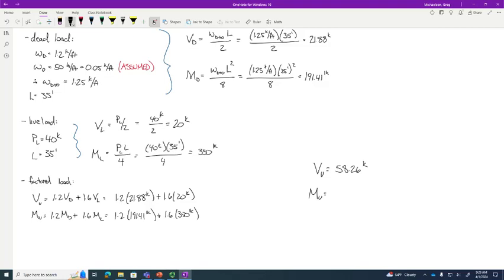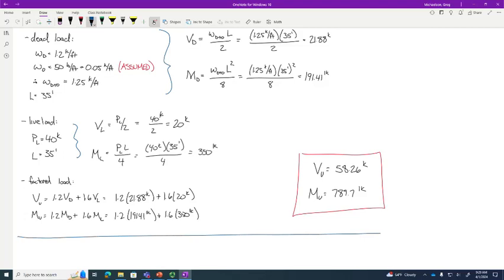And then MU is what? 789.7. Okay. All right. And I'll tell you, that's actually kind of the longest step in the whole problem, the first step. Just making sure that we've got the moments and shears computed appropriately.